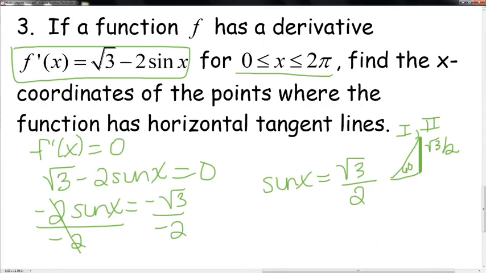And so I'm looking at where my 60 degree angles are in quadrant 1 and quadrant 2. Well, that means quadrant 1 would be pi over 3, and quadrant 2 would be 2 pi over 3. And that's all of our horizontal tangents.